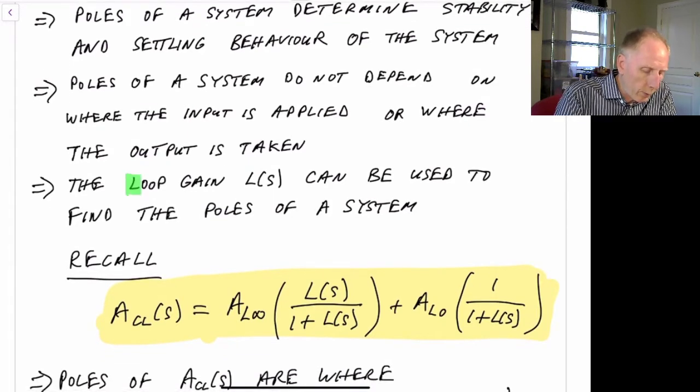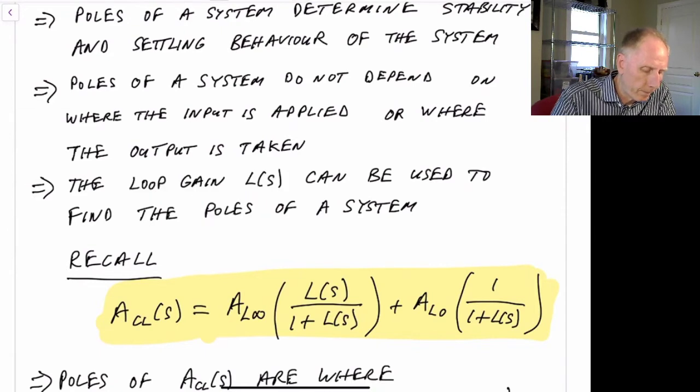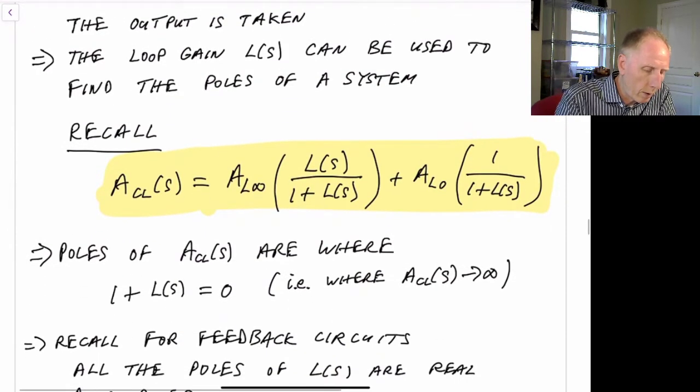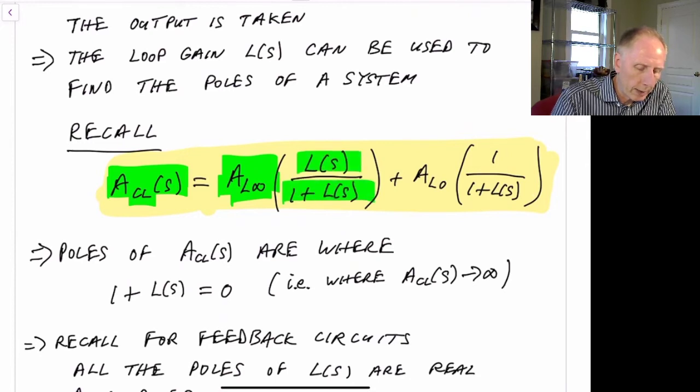Now the loop gain, which we've seen before when we look at feedback systems, turns out we can use to find the poles of a system that has feedback. If you recall, we found that the closed loop gain of a feedback system was equal to A_L infinity times L of s divided by 1 plus L of s, plus A_L naught times 1 divided by 1 plus L of s.